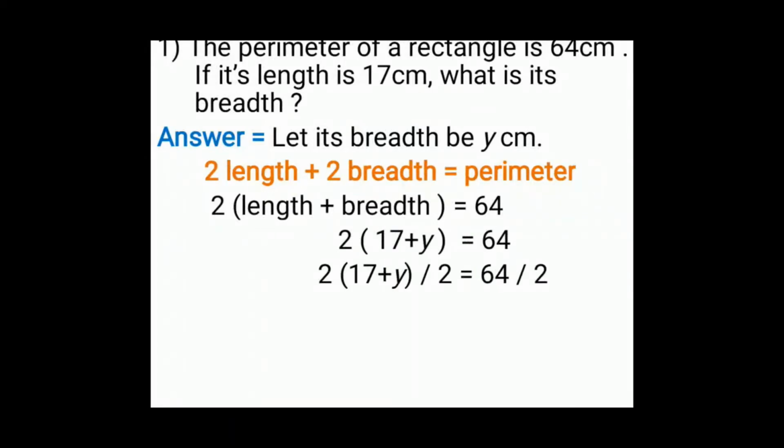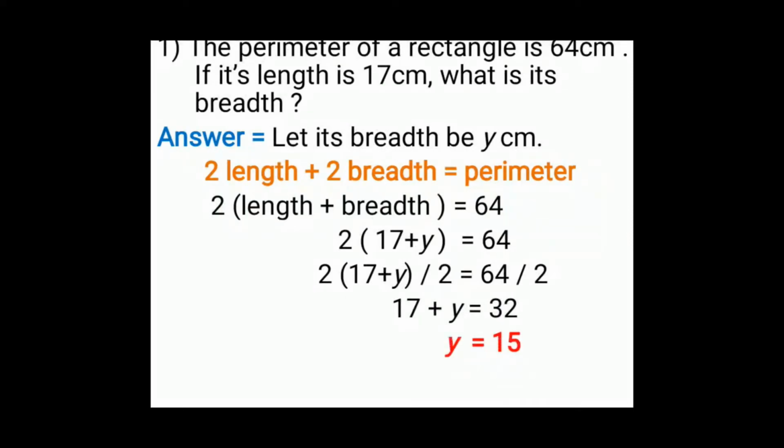Now we have to find the value of y, which means we divide both sides by 2. Here the 2s will be cancelled, and on the right hand side there will be 64 divided by 2. Then 17 plus y remains, which is equal to 32.